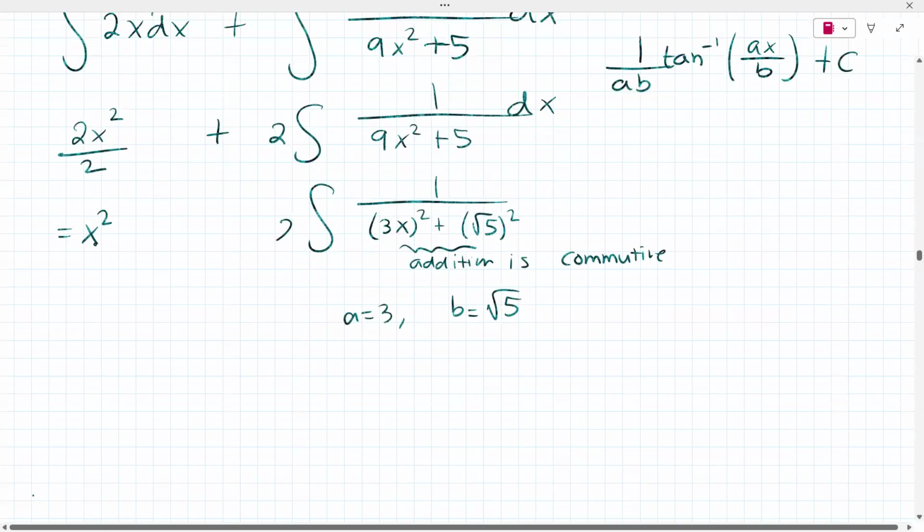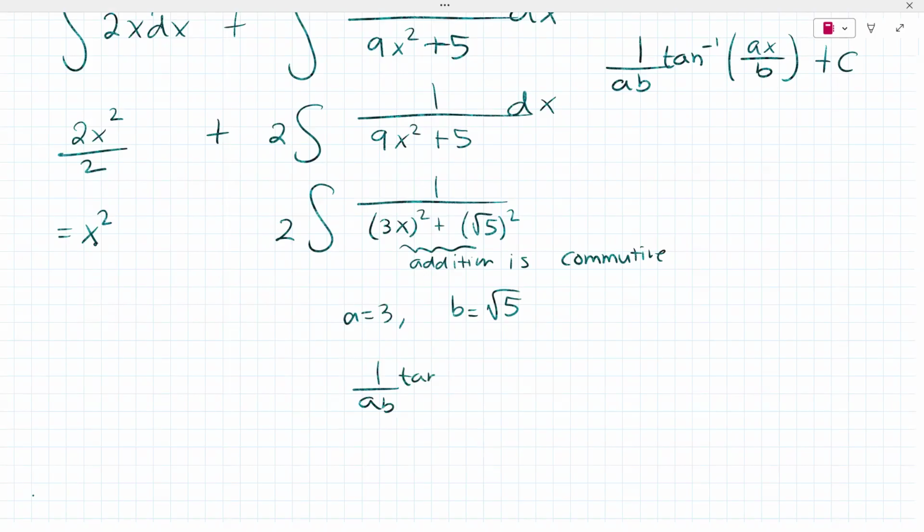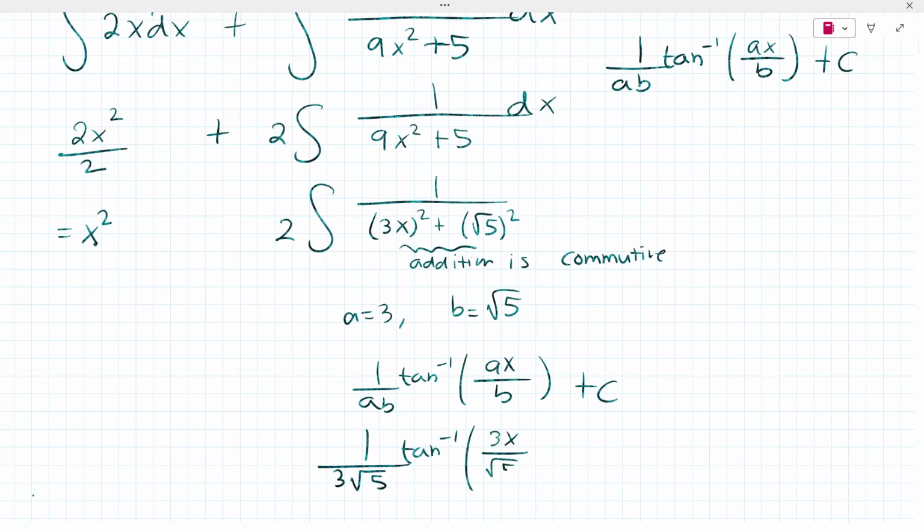And also, don't forget we took out a 2. So it's going to be 1 over AB, where A is 3 and B is radical 5, times tan inverse of AX, where A is 3x and my B is radical 5.